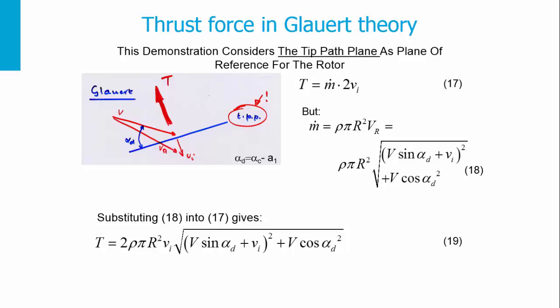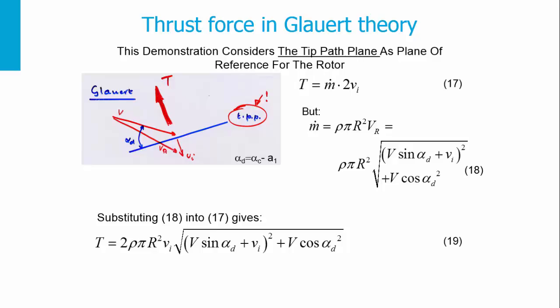But you remember also that the mass flow rate could be expressed according to Glauert as rho pi R squared V_R. Here is where you see that we need to consider the tip-path plane as a plane where we can calculate this thrust force.